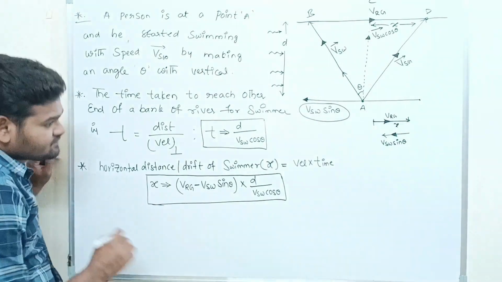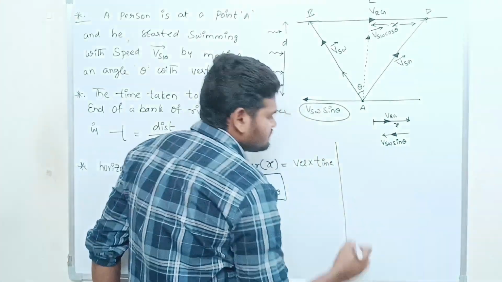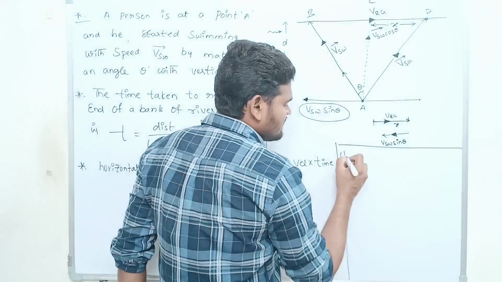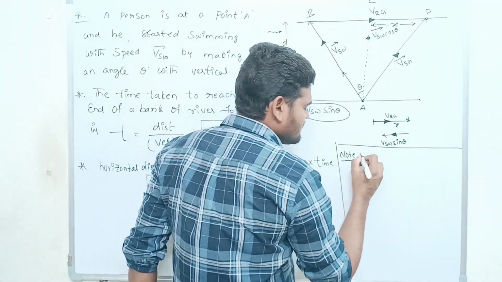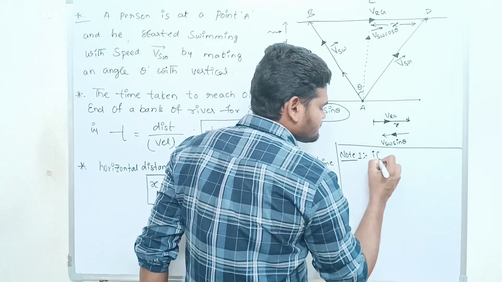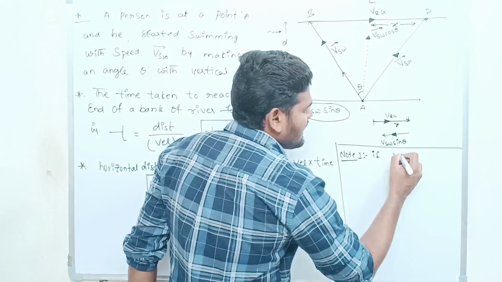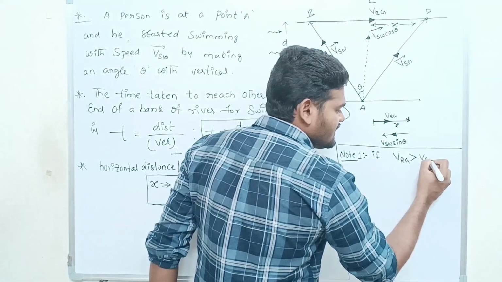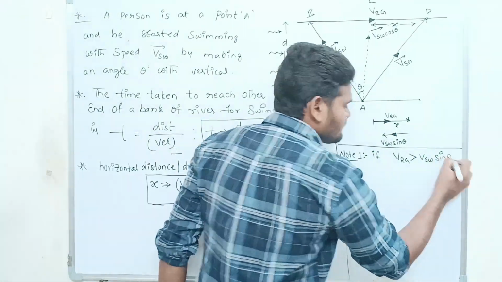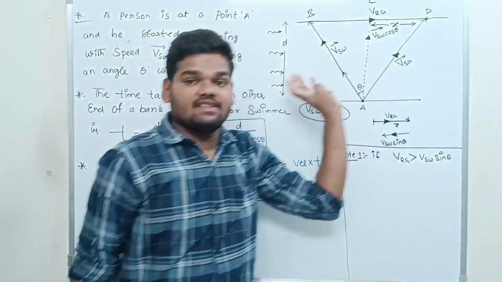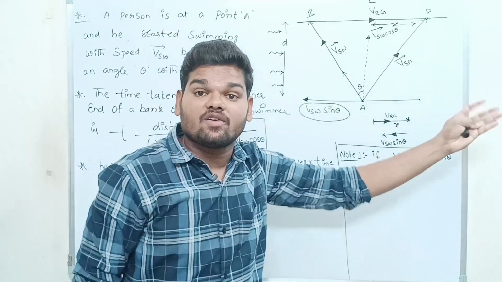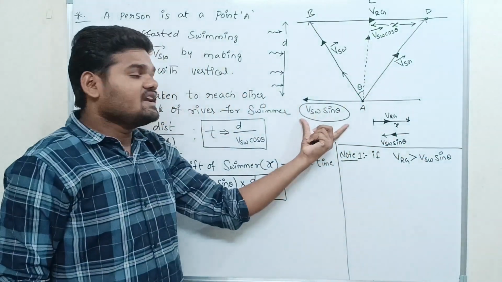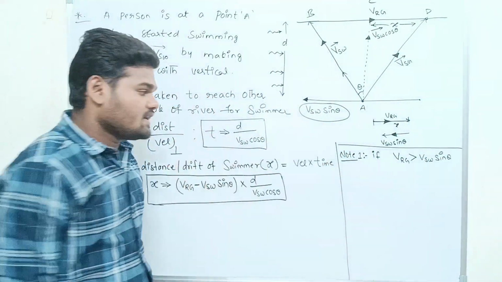Right. Have a look. Here I'm writing note number one. If VRG is greater than VSW sin theta, that is, if the velocity of the river with respect to ground is more than VSW sin theta, then what happened?